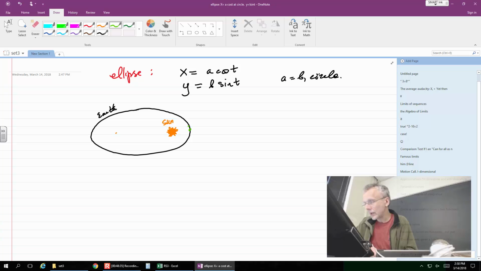Here we are moving slower, and then as we move away, we are moving faster. So in other words, it is the same path, but the parameterization is actually different from the simplest one that we derived from the parameterization of the circle. Once again, according to Kepler, we are moving at a non-uniform speed. We are moving slower when we're closer to the sun and faster when we're away from the sun.